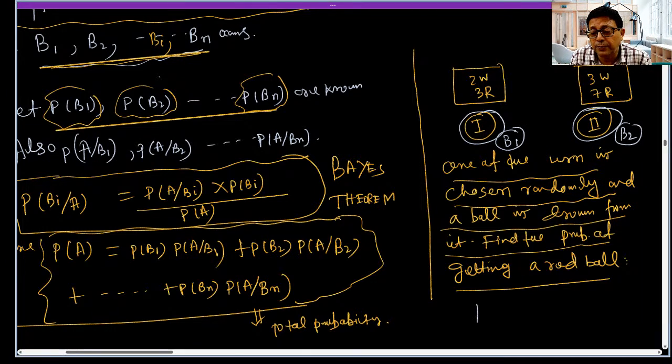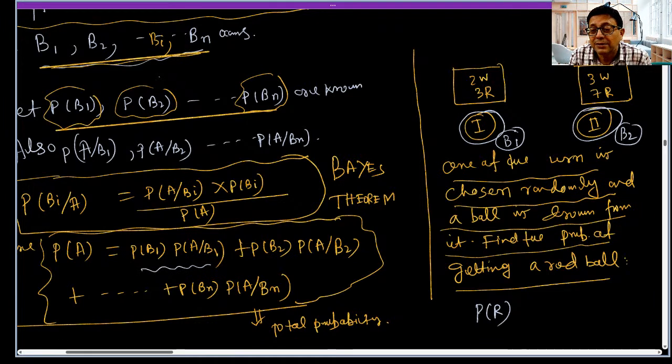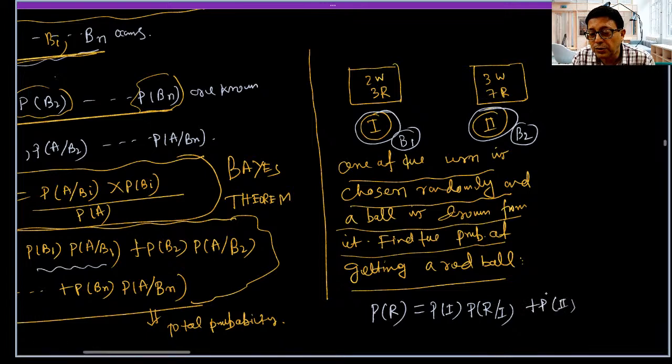You are going to find probability of red ball. Okay? Go by this. P(B1)P(A|B1): so write P(urn 1) and probability of red from urn 1. Clear? This plus urn 2.